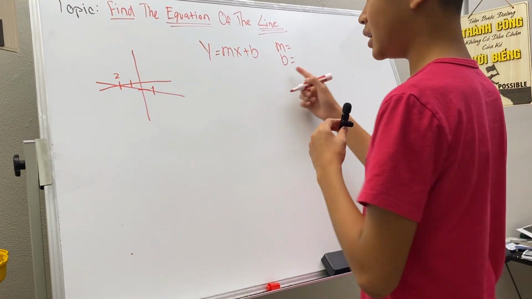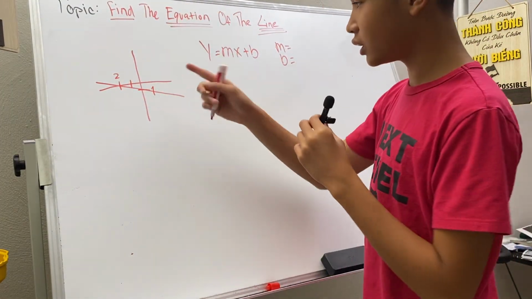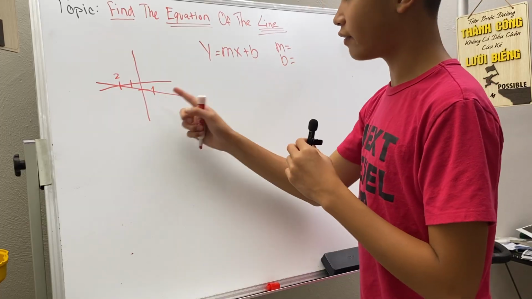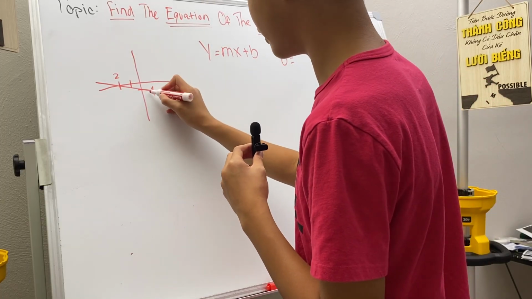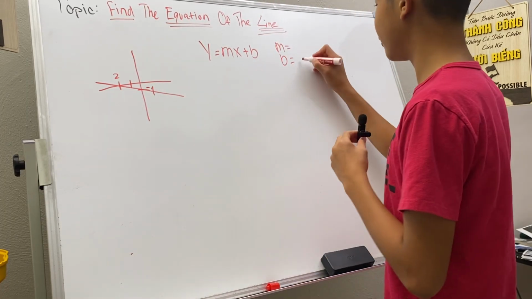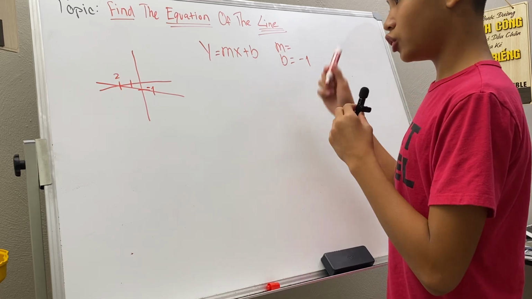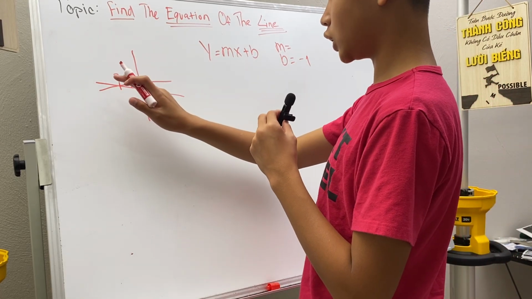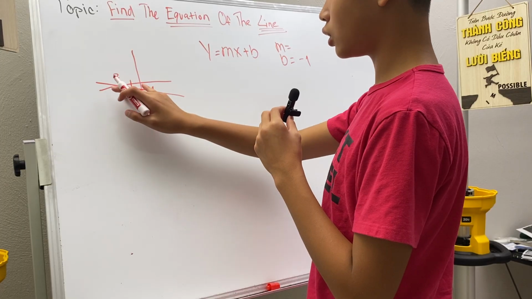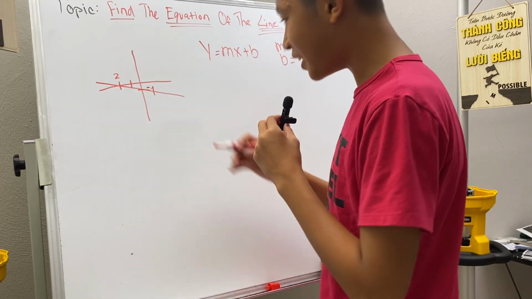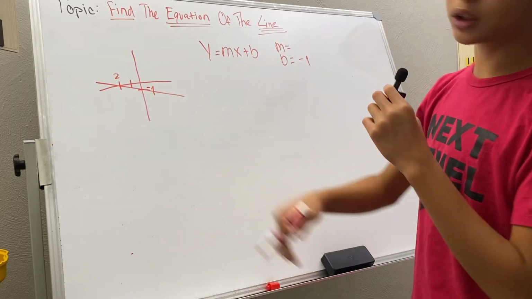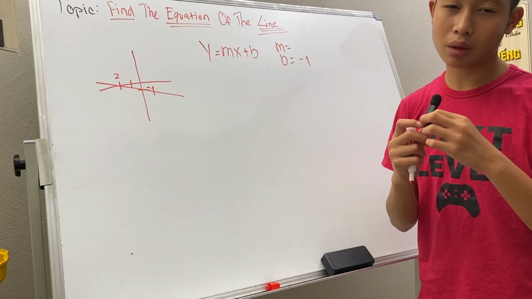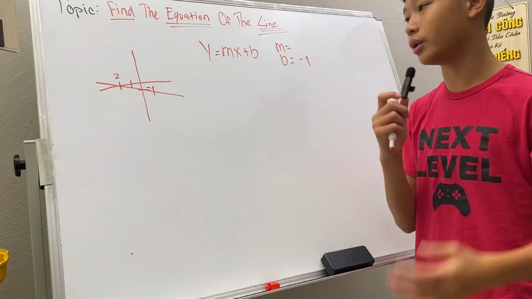We know that b is where the graph touches the y-axis, which is at negative 1. So it's -1. And the slope, so let's get from the x to the y. Or you can get from the y to the x. That will be more clear.